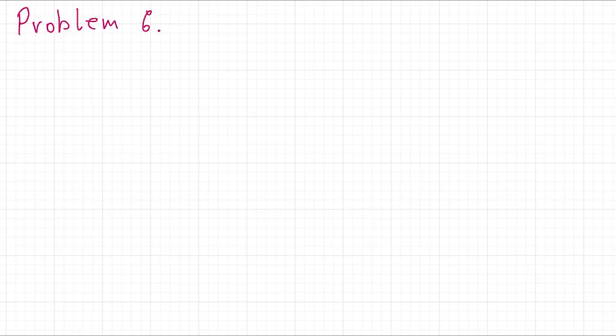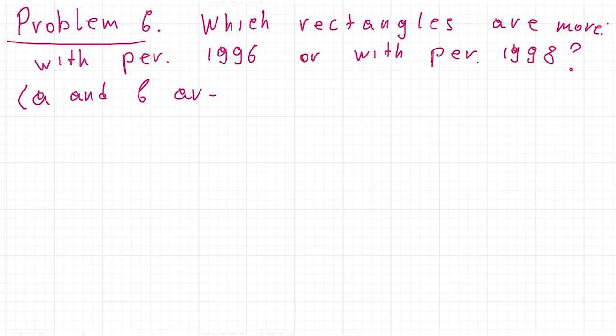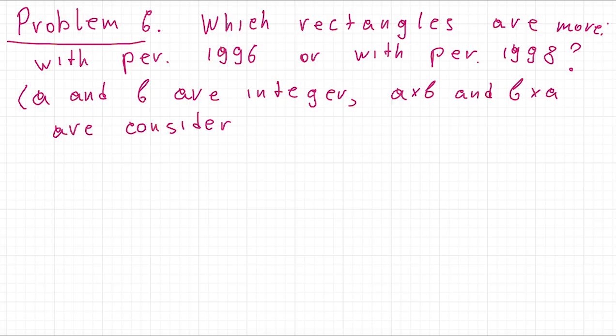Problem 6. Which rectangles with integer sides are more numerous? Those with perimeter 1996 or those with perimeter 1998? Rectangles A times B and B times A are considered identical. Solution.